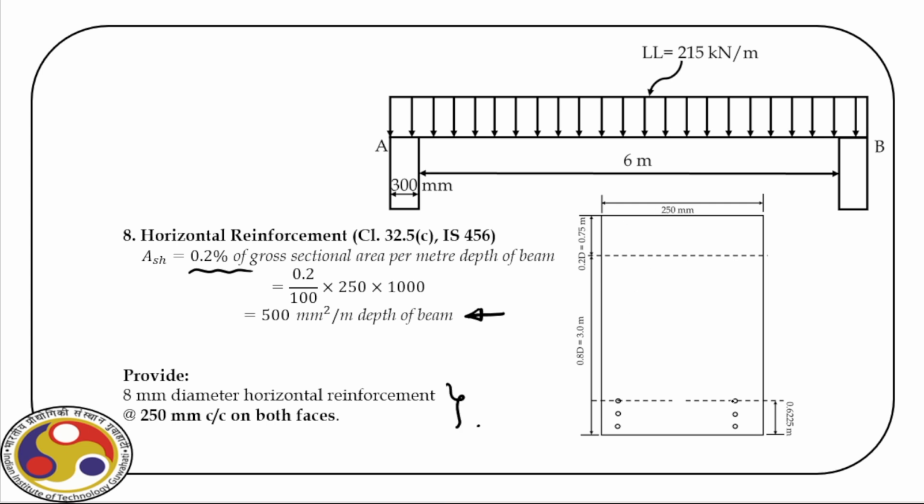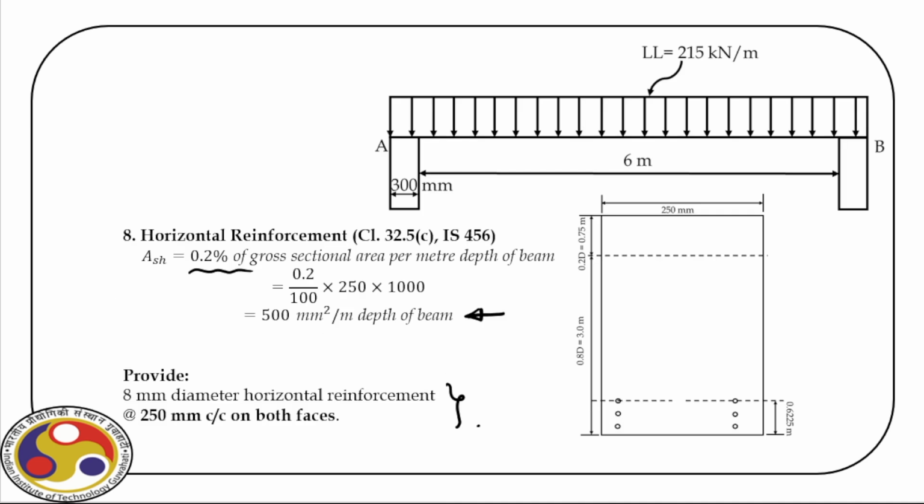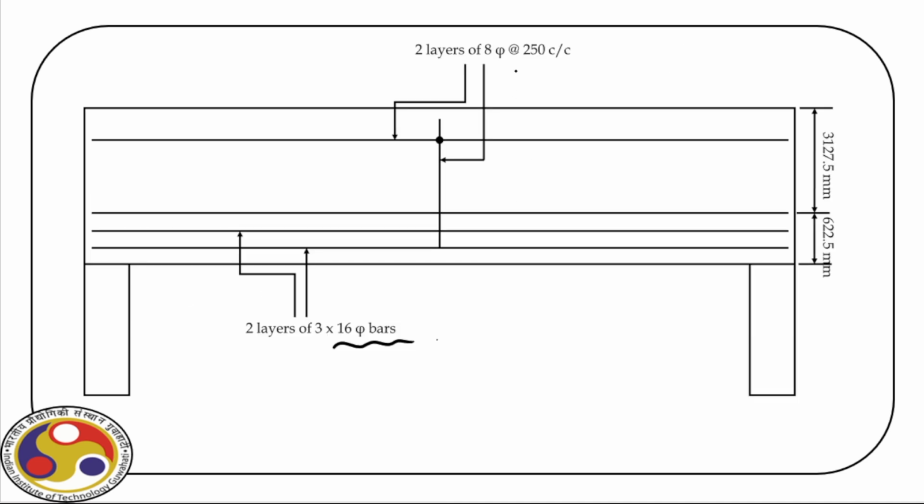Now comes the detailing part. So we have it here. So we have the bottom bars. So 16 diameter bars, if you recall, we have provided in 2 layers, as you can see here, 3 in each layer. Then we have horizontal and vertical bars as marked here.